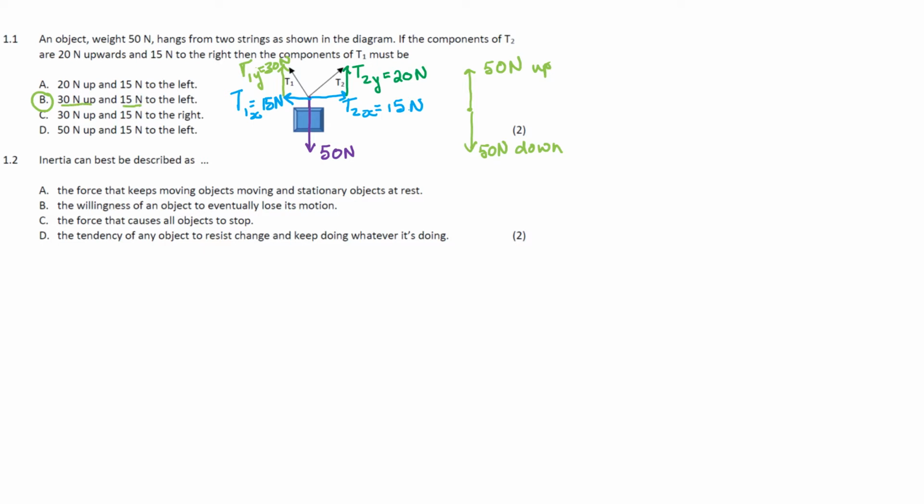So the only possible answer here would be B, with T1's components 30 newtons up and 15 newtons to the left. 1.2 says inertia can best be described as, and this is a theory question, and the only correct answer here would be the tendency of an object to resist the change in its state of motion.